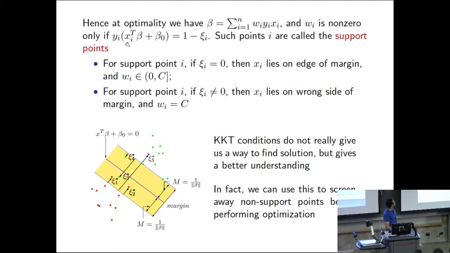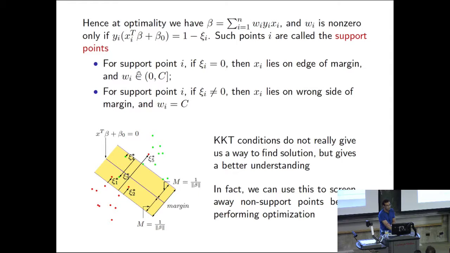In other words, when the predicted value that we get at the point xi out of our SVM, or really the signed predicted value, is 1 minus psi i. So we call the points i for which this equality happens the support points.